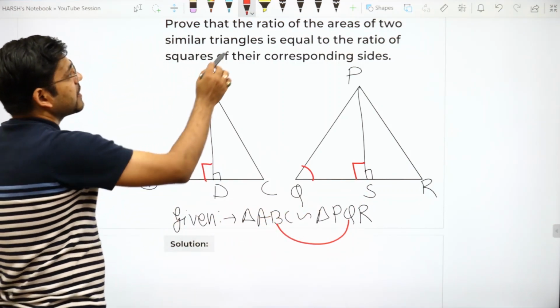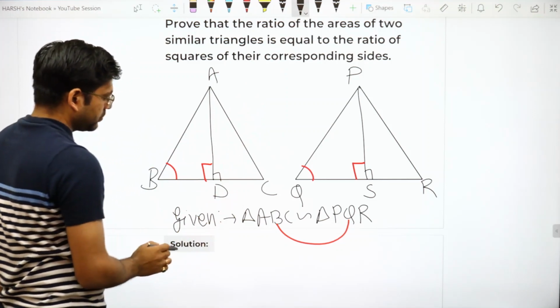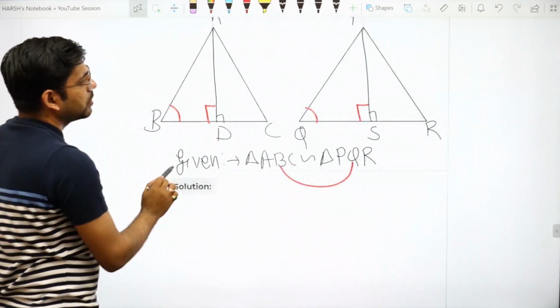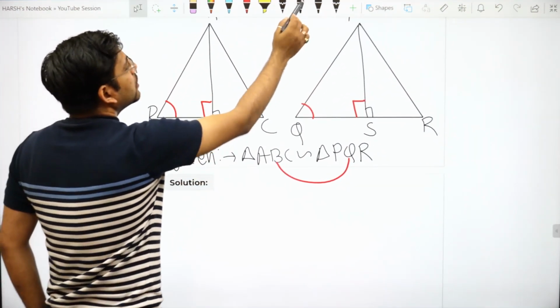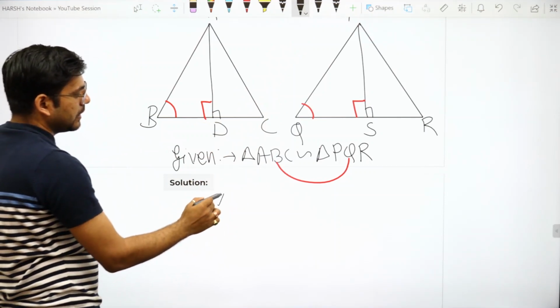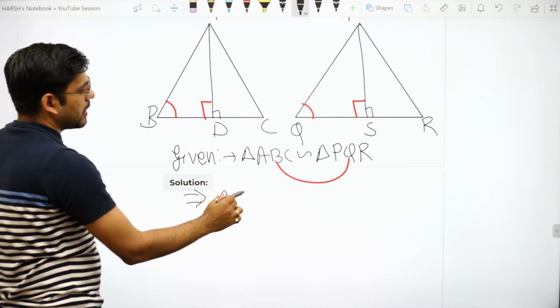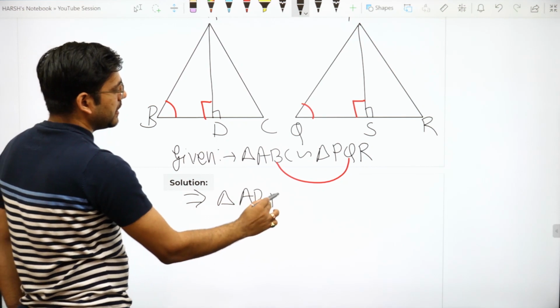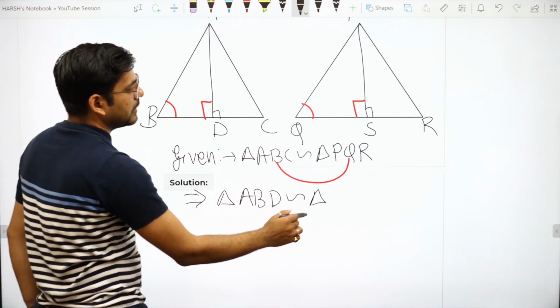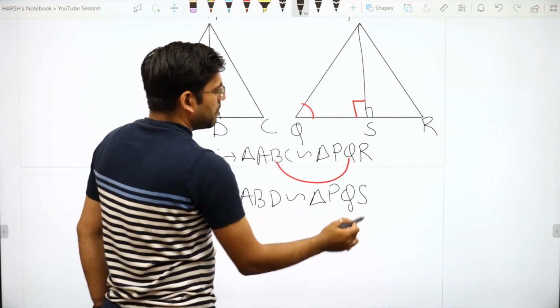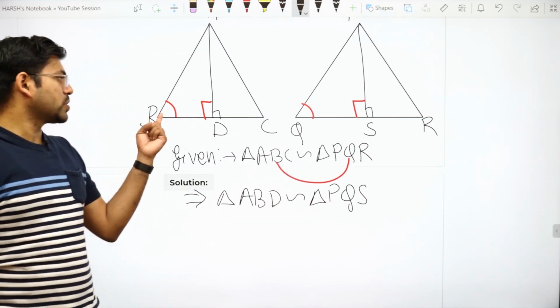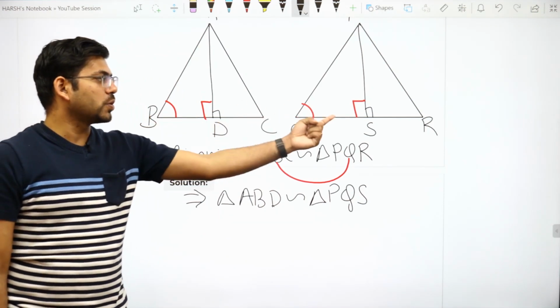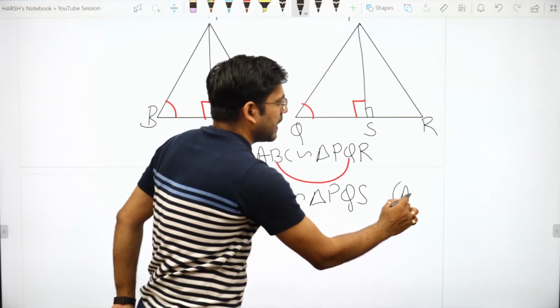So I will just write it down from here. I'll write that this implies triangle ABD is similar to triangle PQS. ABD is similar to PQS because B is equal to Q and D is equal to S.